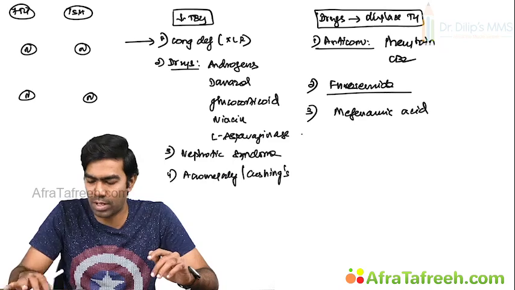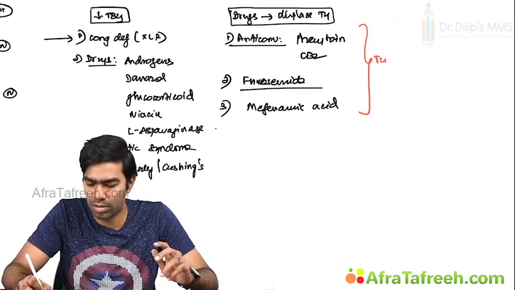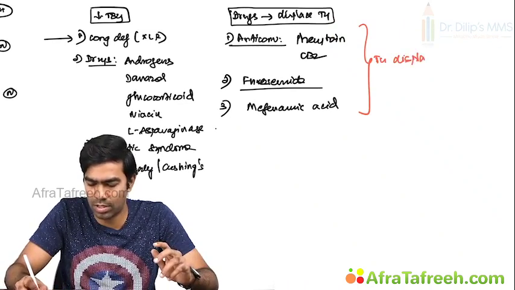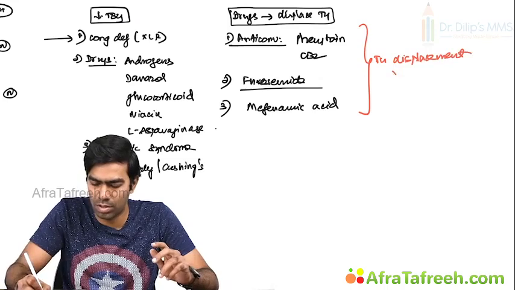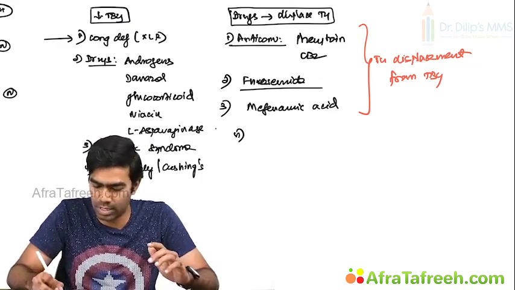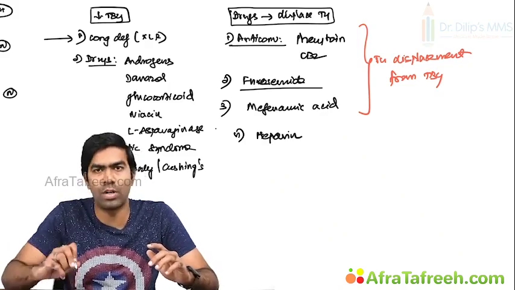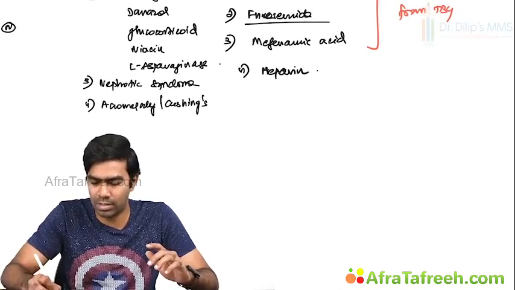It's also imperative to understand that these drugs displace T4 from the thyroid binding globulin only. But there is one drug that displaces T4 from albumin, that is heparin. So this also can reduce the total T4 levels. How do they displace T4 from albumin?